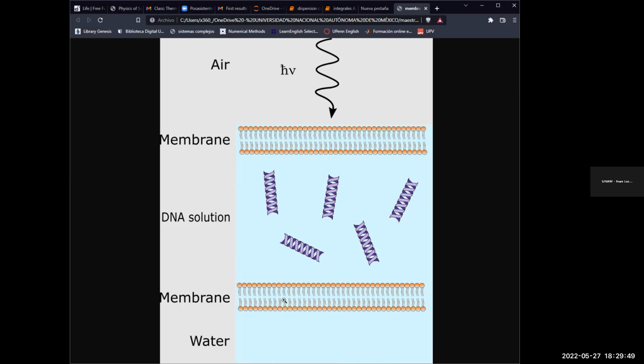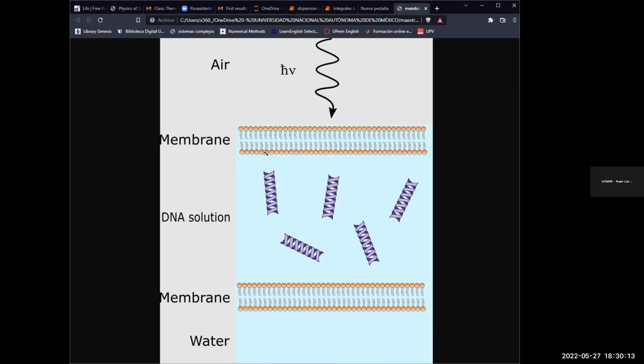So this is a planar multi-layer optical cavity. We have an initial infinite layer of air, which is the initial medium where the light is traveling.